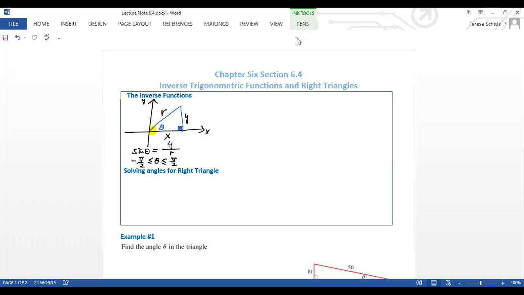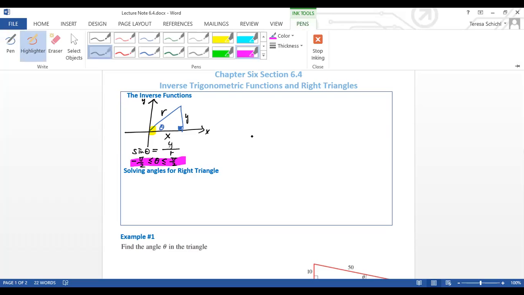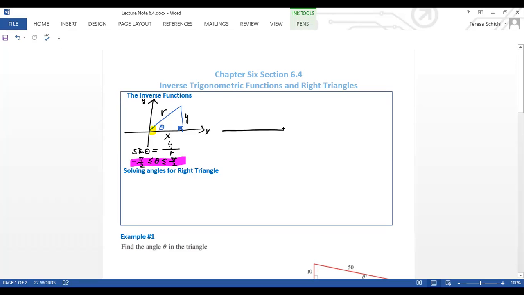Remember that? That's the most important part of the inverse functions, so we need to remember it. Now let's do the same thing for the other ones, the typical 3, with x and y.